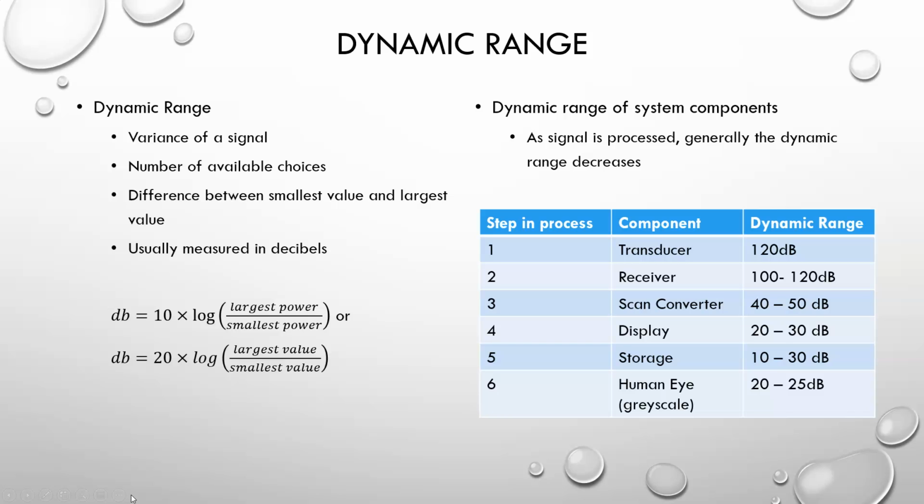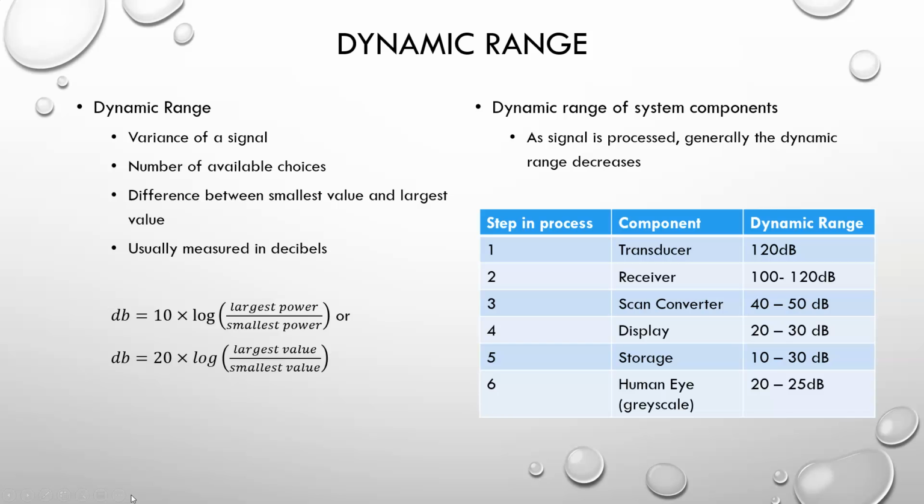So in this case, the decibels becomes 20 times the log of the ratio of the amplitude difference. Okay, so either way, whether you're using power or amplitudes, you can come up with a decibel range.